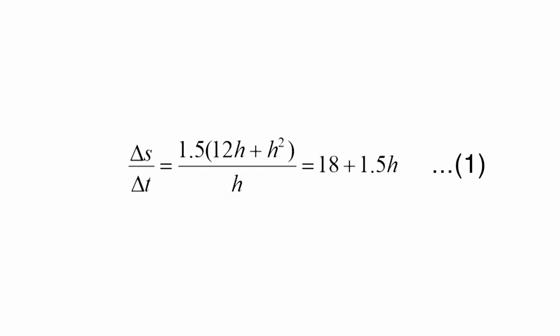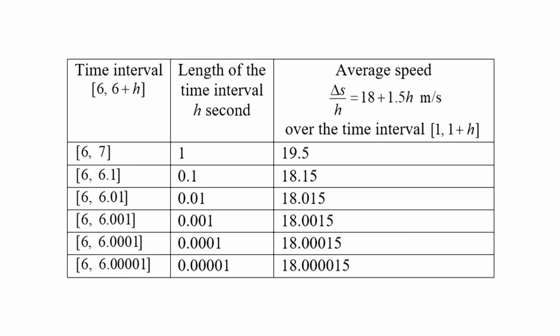Using equation 1, we have the following table. The table shows that when h approaches 0, that is, when Δt approaches 0, the average speed over the time interval [6, 6 + h] seems to approach 18. We say that the instantaneous speed at time t = 6 is 18 meters per second, or 64.8 kilometers per hour, which the speedometer of the car shows at 6 seconds.